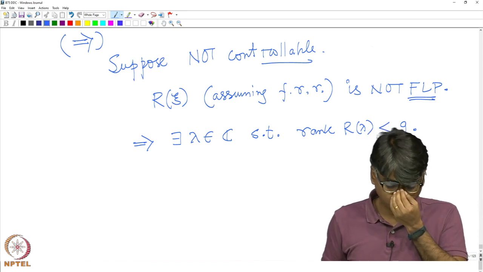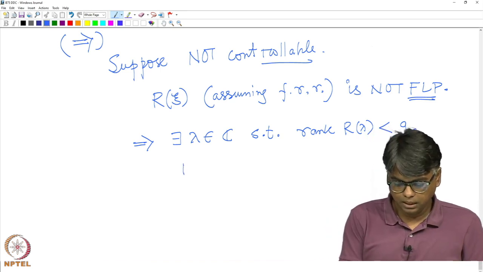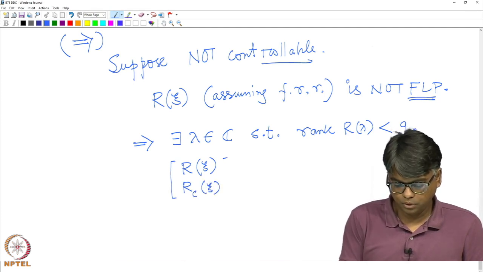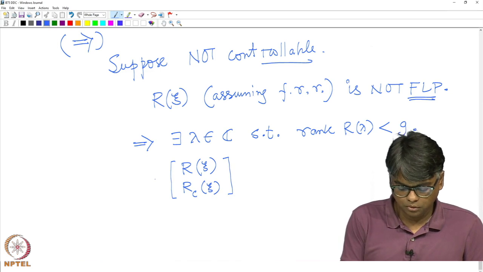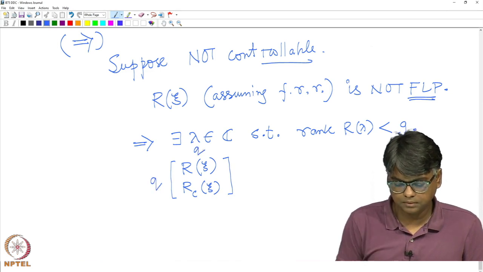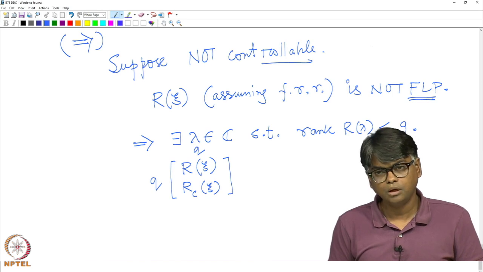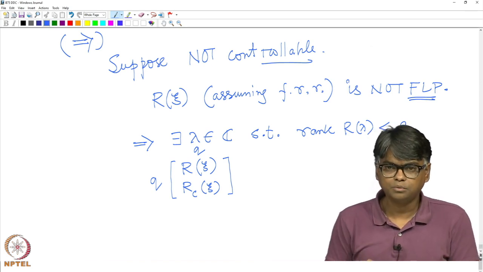Now look at R(ξ). When we put a controller, we put extra rows R_C(ξ) together. This is now a q cross q size matrix, so a square matrix.